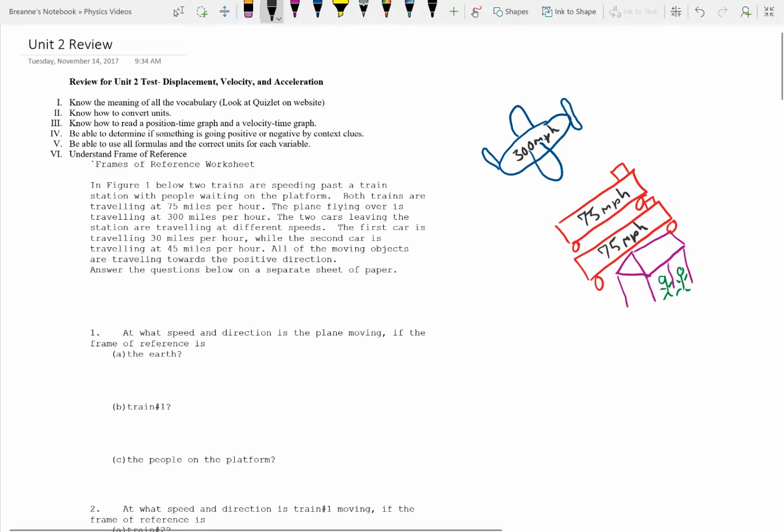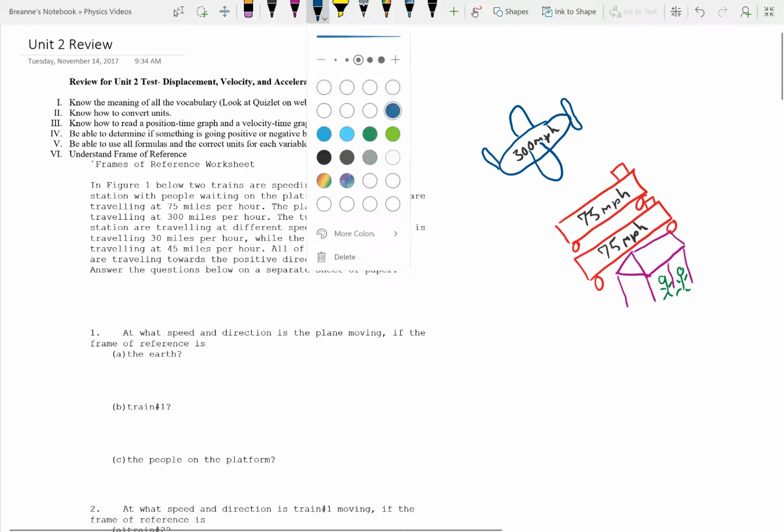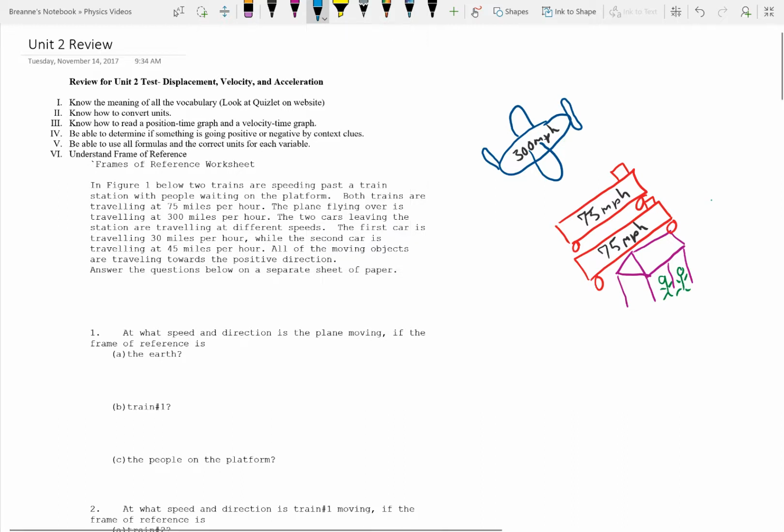Our cars are going to be light blue. So 2 cars leaving the station. And they're leaving at different velocities. The first car is traveling at 30 miles per hour.